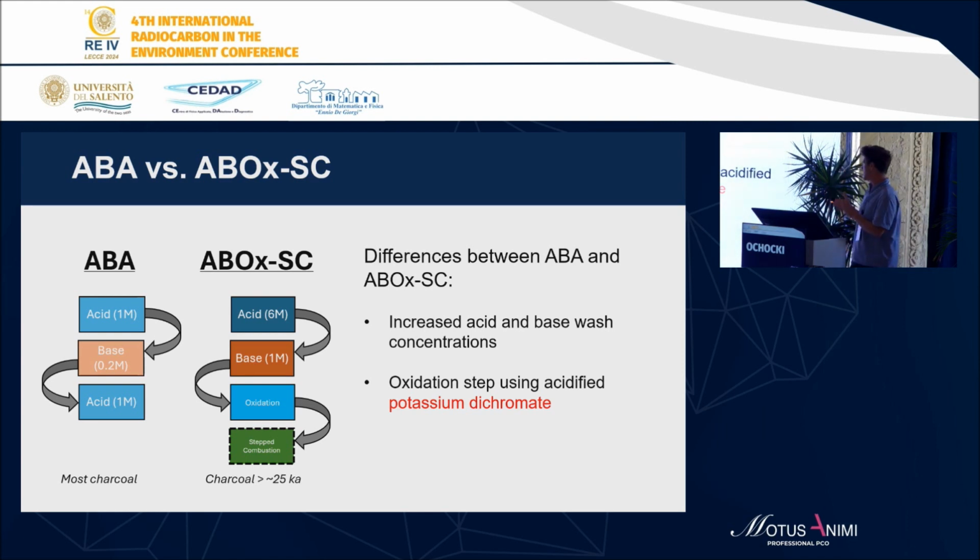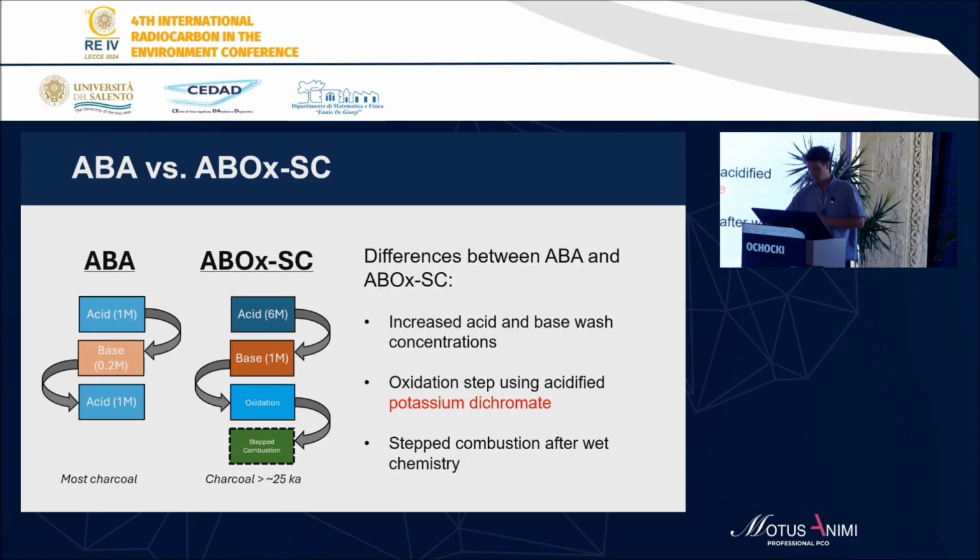The second is this oxidation step using acidified potassium dichromate, replacing the last acid wash in ABA. And then also this step combustion step after wet chemistry. And so in thinking about why ABOX might be a more effective pre-treatment for these older charcoals, there could be three reasons here, and they could also be interacting.